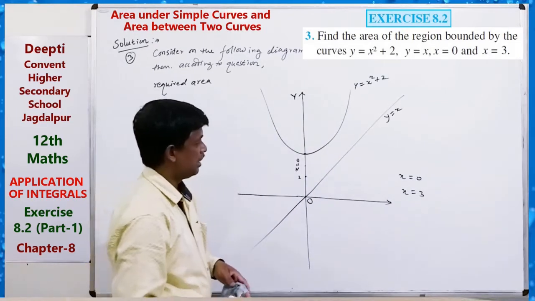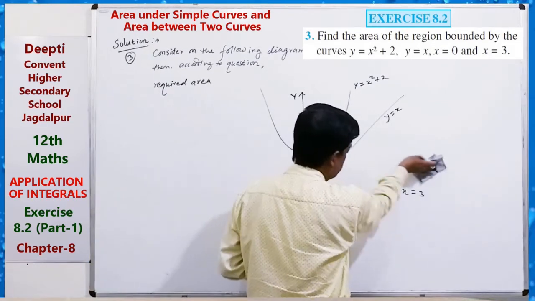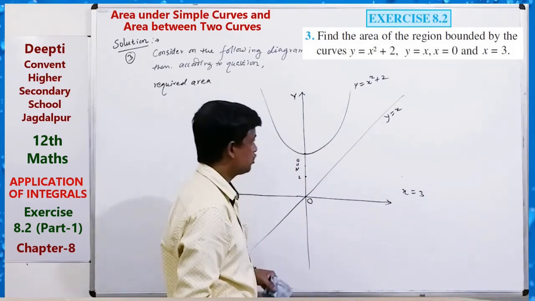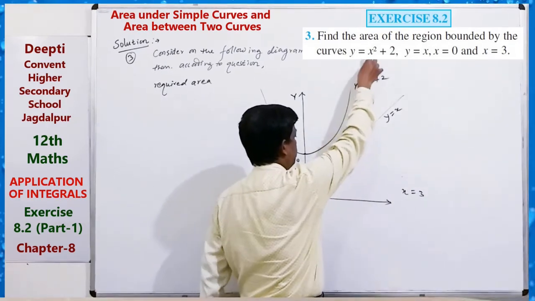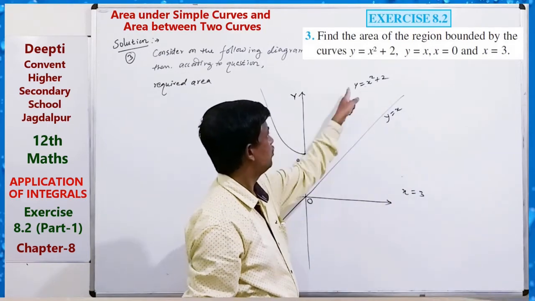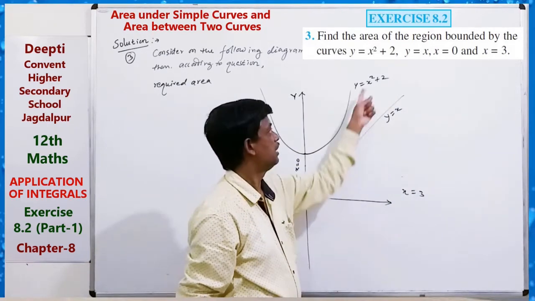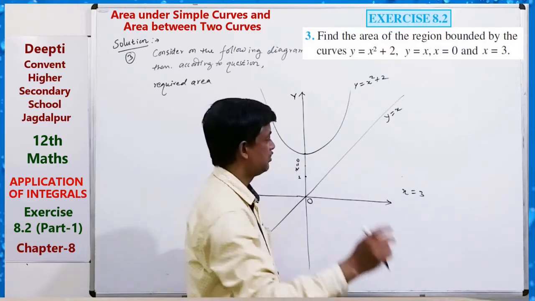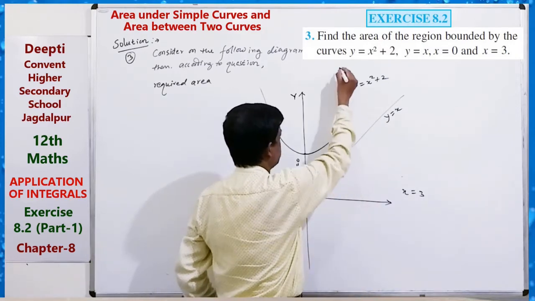Clear? And x equals 3. We can see x equals 3 here. Then y equals what? The line intersects the parabola here, so we can draw it like this.